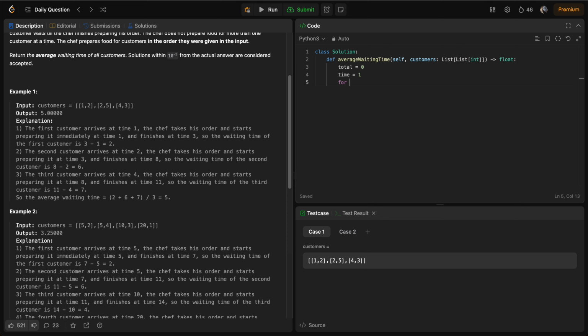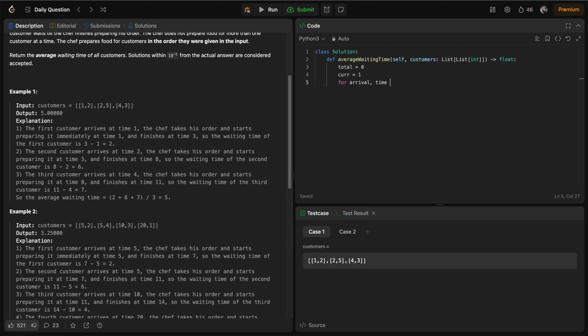So let's see. I'm not sure if we're able to do this because it's technically not a tuple, but let's give it a try. So we do arrival. Oh shoot, this one's also called time. Okay, we're gonna name this one cur for current time.